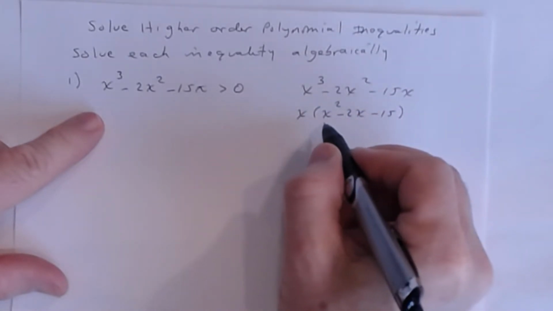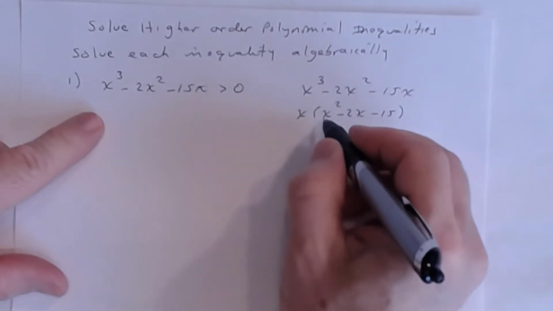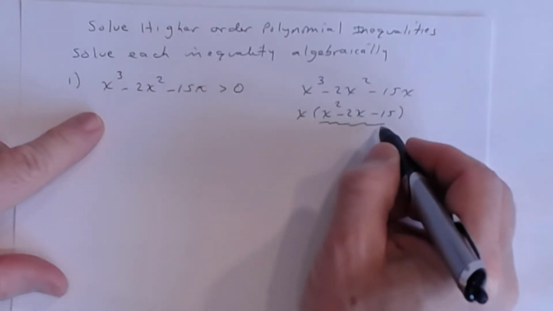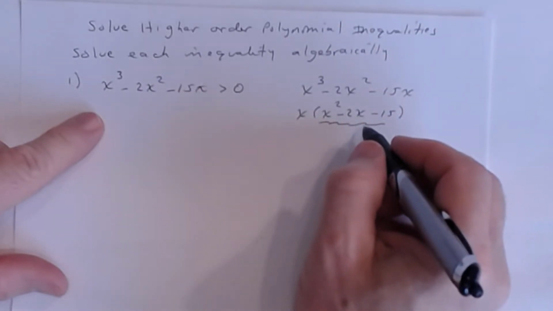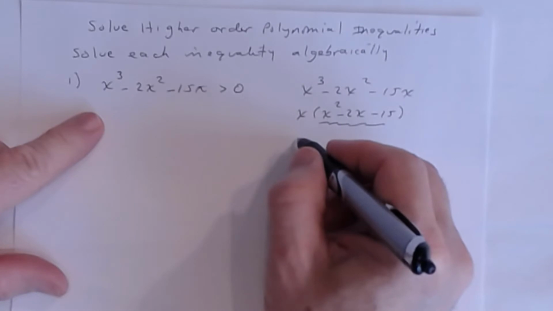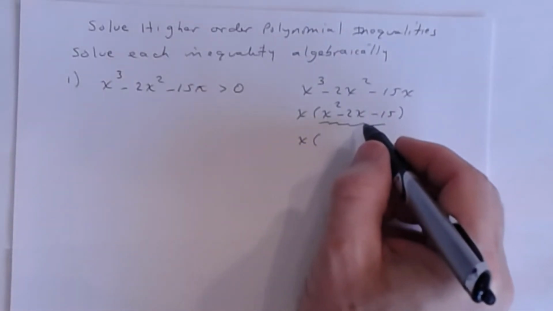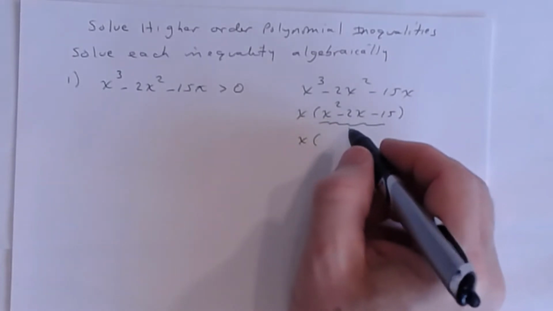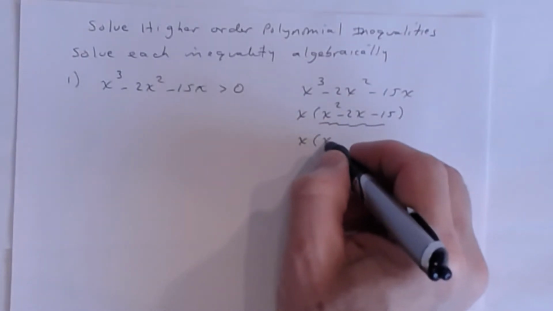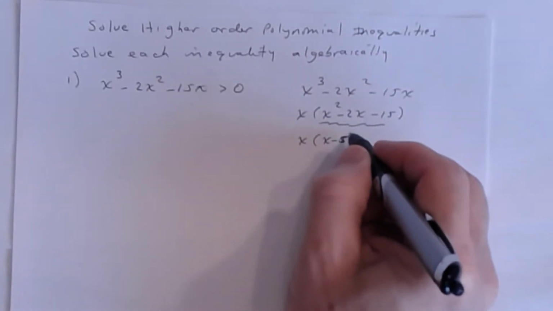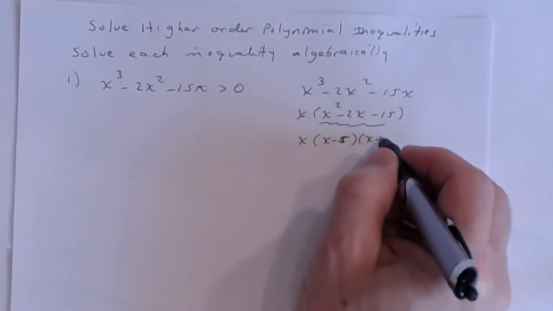Now you want to factor this completely. This trinomial right here, I can go further with factorization. When I factor the x squared minus 2x minus 15, I get x minus 5 times x plus 3.